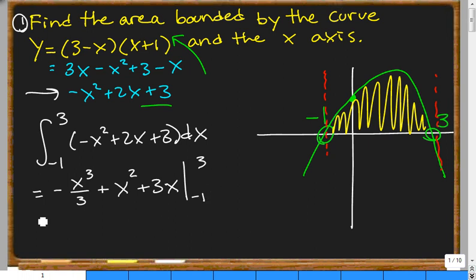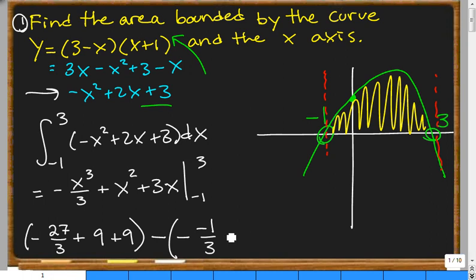If I plug in 3, I'm going to get negative 27 over 3 plus 9 plus 9. And then I'm going to subtract away plugging in the negative 1, so I'm going to get negative 1 over 3 plus 1 minus 3. I need to simplify this the best I can. Negative 9 plus 9 plus 9 makes a positive 9.